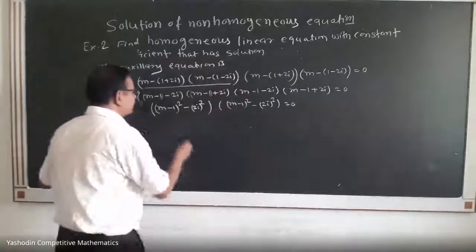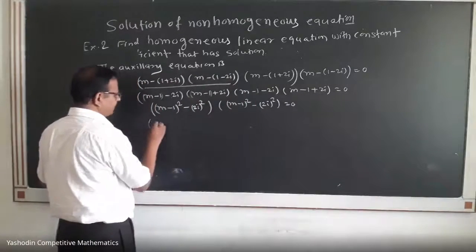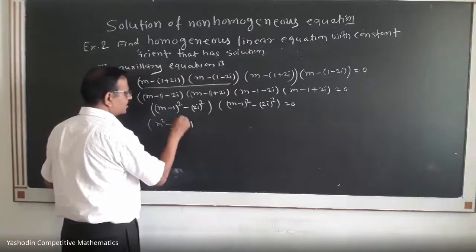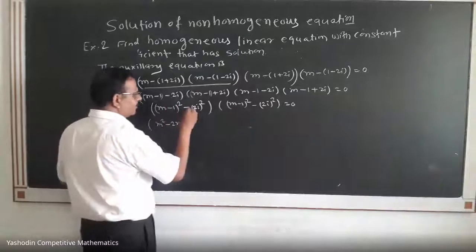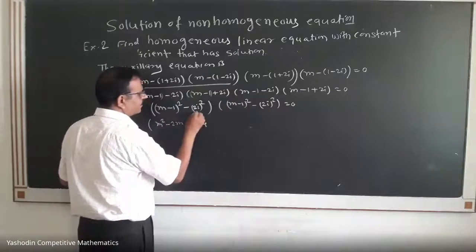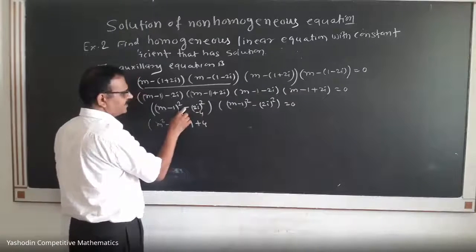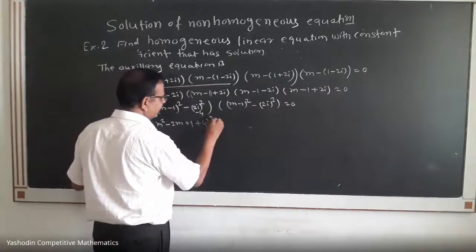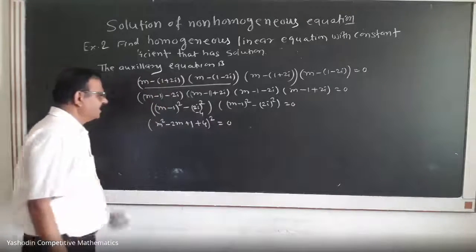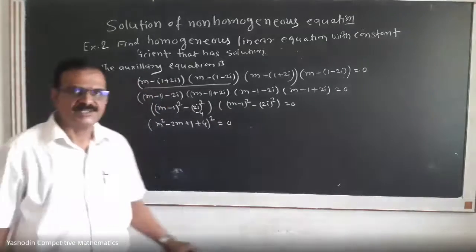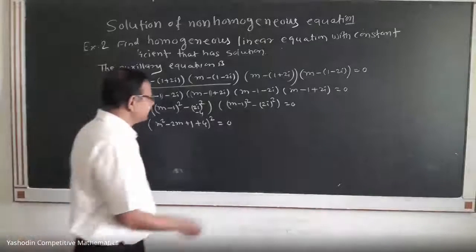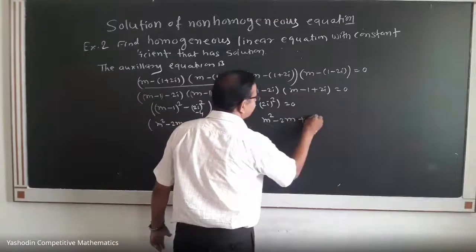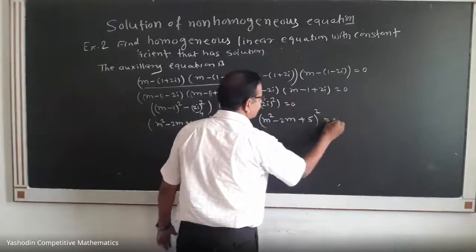And hence, we can write this as (m square minus 2m plus 1), the square of m minus 1, plus 4, because this is minus 4, minus and minus gives plus 4. And again, this is the same. We shall take it as a square. (m square minus 2m plus 1 plus 4) square. That is nothing but (m square minus 2m plus 5) square equal to 0.